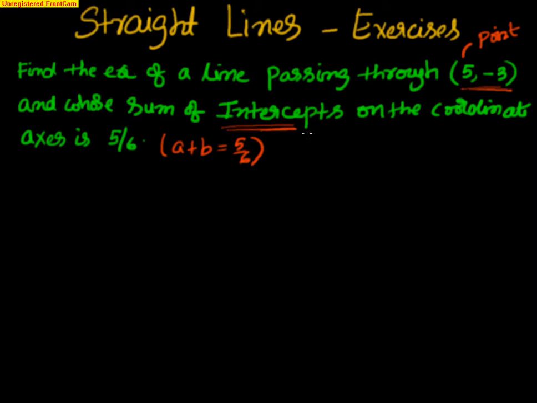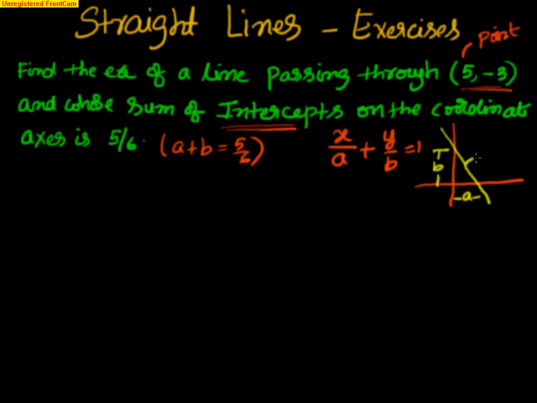If you remember, the formula is x by a plus y by b is equal to 1. If you look at the graph, if this is a straight line, this intercept is a and this is b. The equation is x by a plus y by b is equal to 1. So let's substitute in that and see what happens.